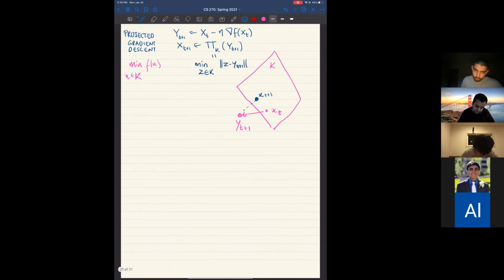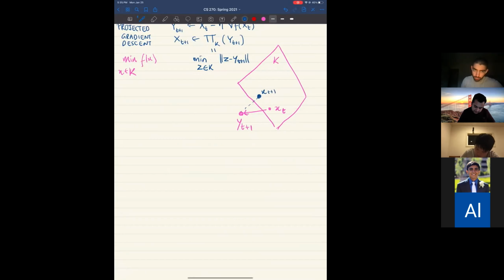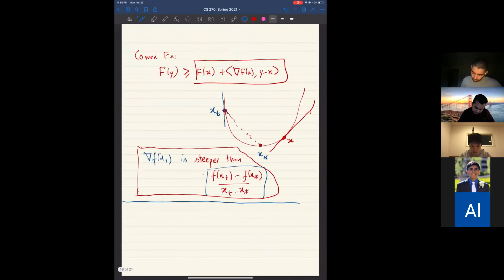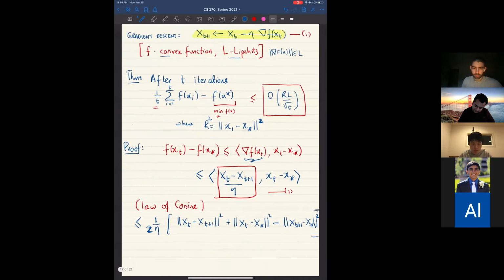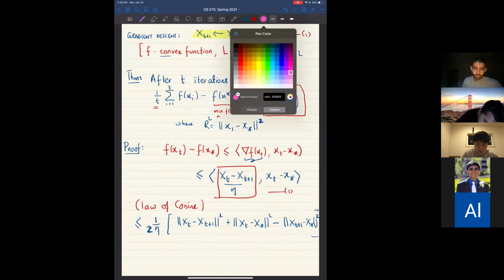So how do you analyze this? Essentially the proof is nearly the same, except for a small change. So let me show you that with a different color. All right, so this is the analysis of projected gradient descent.